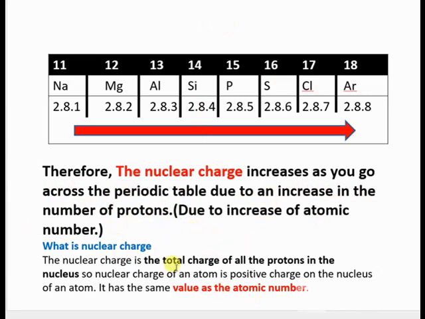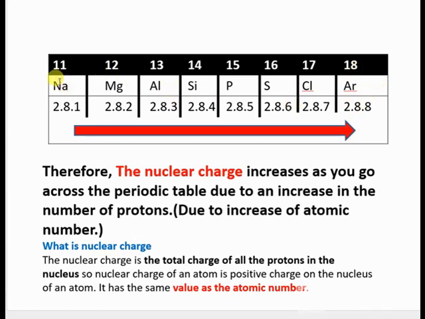Then I want to remind you what a nuclear charge is. The nuclear charge is the total charge of all of the protons in the nucleus. Therefore, the nuclear charge has the same value as the atomic number. If the atomic number of an element is 18, the nuclear charge is 18.